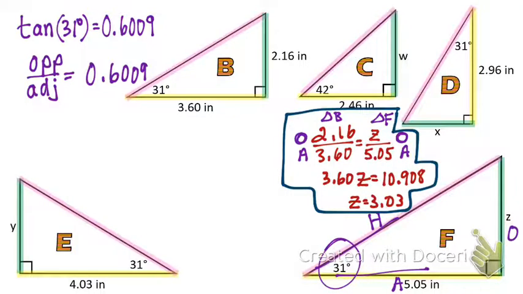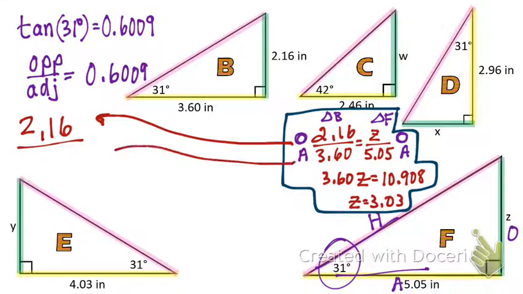The trig table is telling us that in every 31 degree right triangle, if you take the measurement of the opposite side over the adjacent side and divide it, the answer will always come out to 0.6009. Did that really happen in our problem? Well, in triangle B, the opposite side was 2.16 and the adjacent side was 3.60.